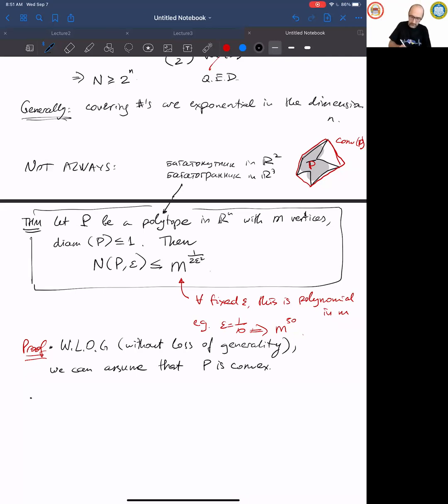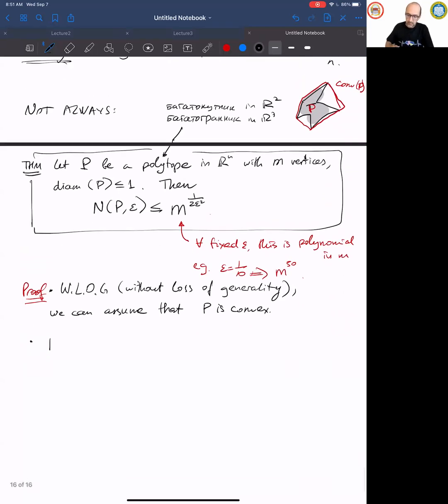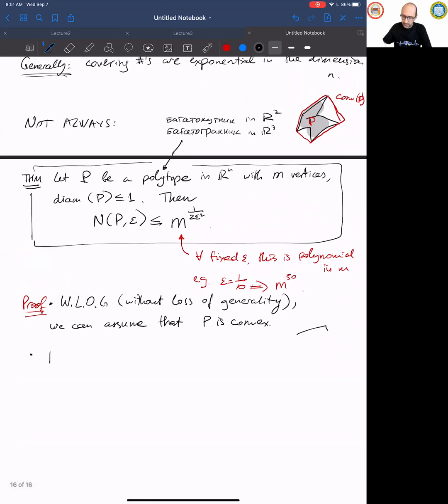Okay, that's the first step. Second step. If you take a convex polytope P, it is clear, it's a theorem, but it's clear that it is a convex hull of its vertices.